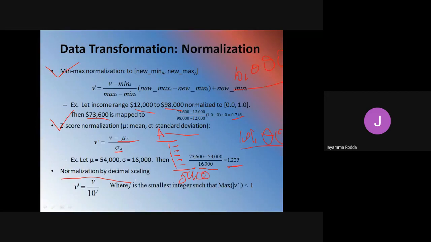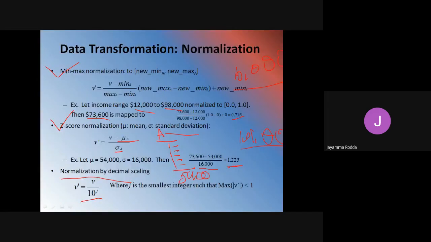Normalization by decimal scaling will normalize by moving the decimal points of the values of this particular attribute A. The number of decimal points moved depends on the maximum absolute value of A. A value v of A is normalized using this particular formula.